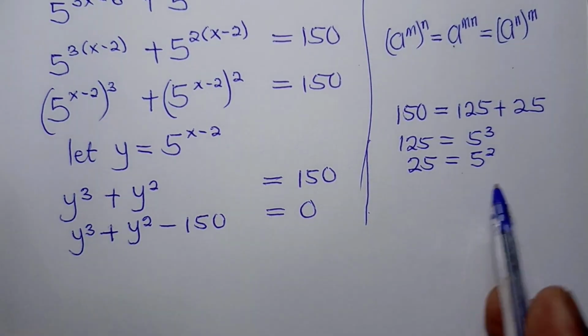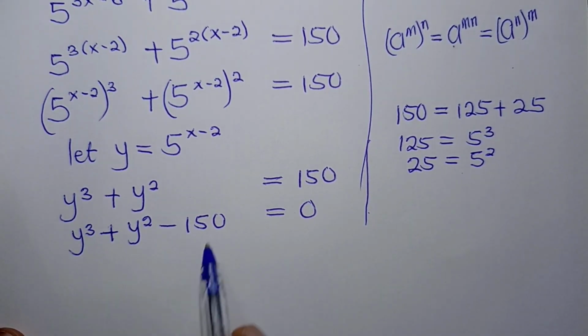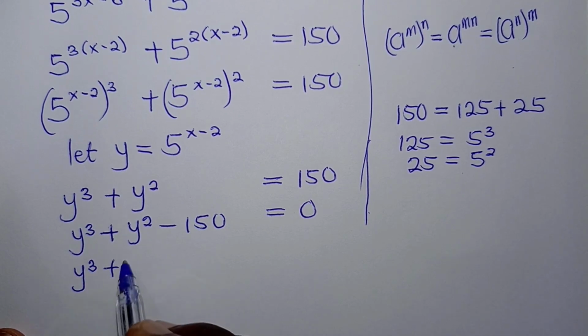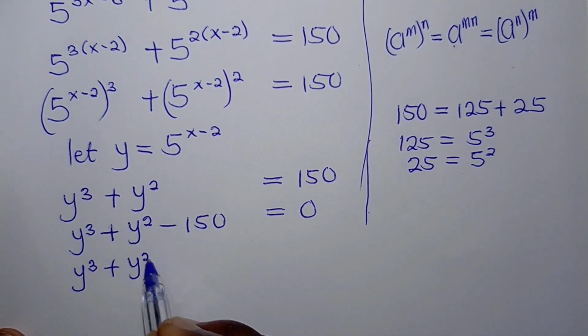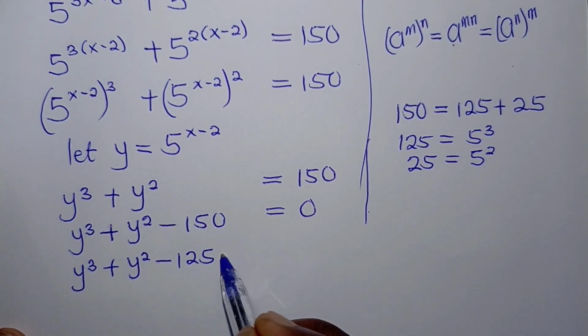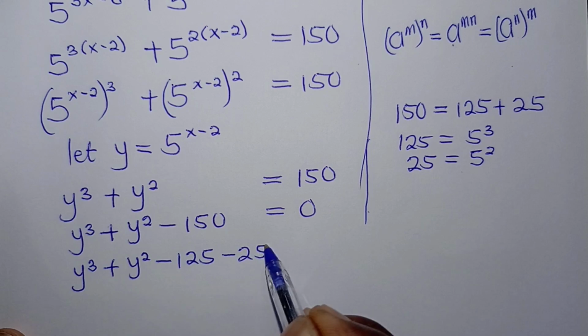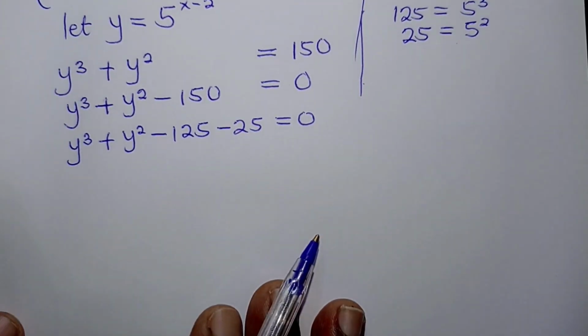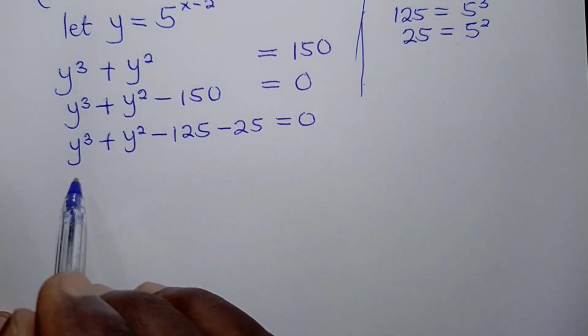So coming back to this equation, we have y to the power 3 plus y squared minus 125 minus 25 equals 0.